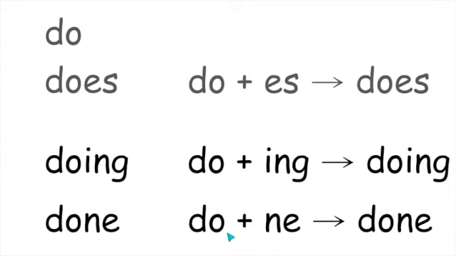But when we say do plus NE is done, it makes our brains go, wait, what was that? That doesn't make any sense. But if I just say DO plus NE is rewritten as DONE, then maybe our brains are a little less confused.